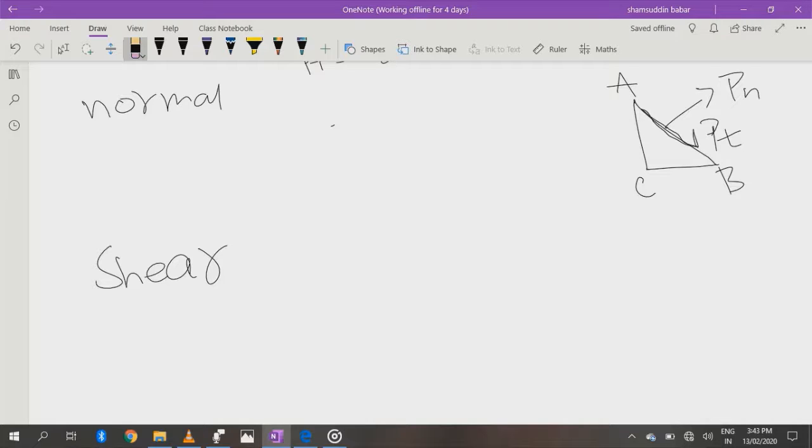So the first thing we need to find is the angle the force makes with either normal or shear. If the force makes the angle with normal, then the component P cos theta will be in normal, and the other, P sin theta, will be in shear. Likewise, we will break all four forces into normal and shear components.